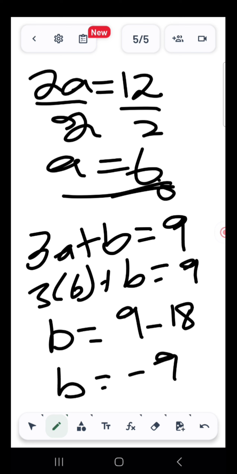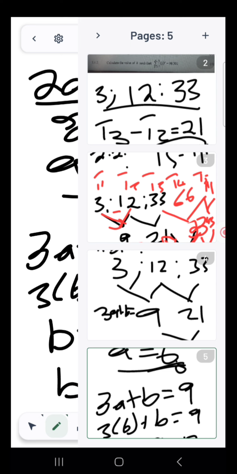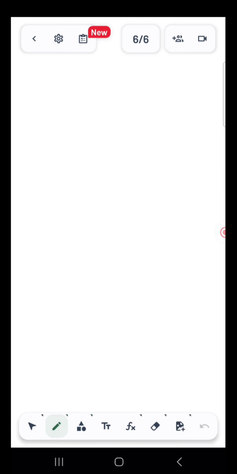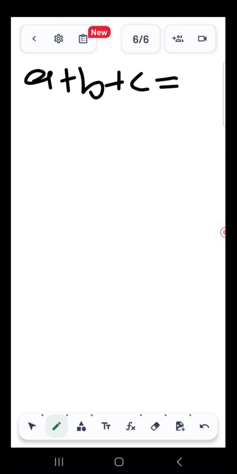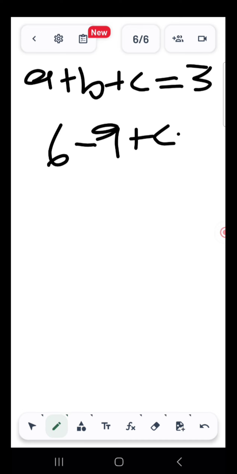Now that we have b, we move on to c. We remember that a plus b plus c equals the first number of the row, which is 3. We have found a, which is 6, plus b, which is negative 9, plus c, equals 3.